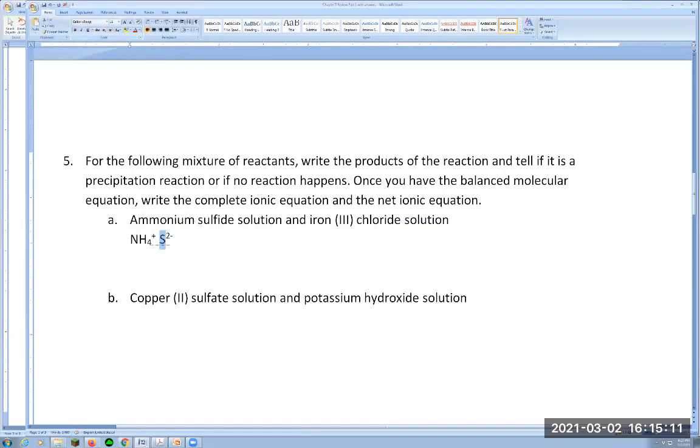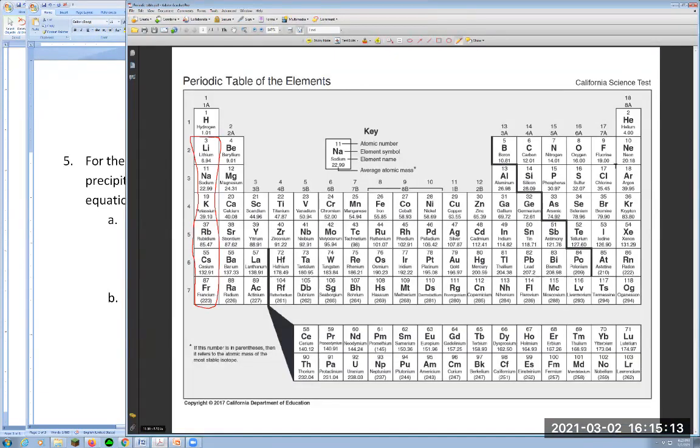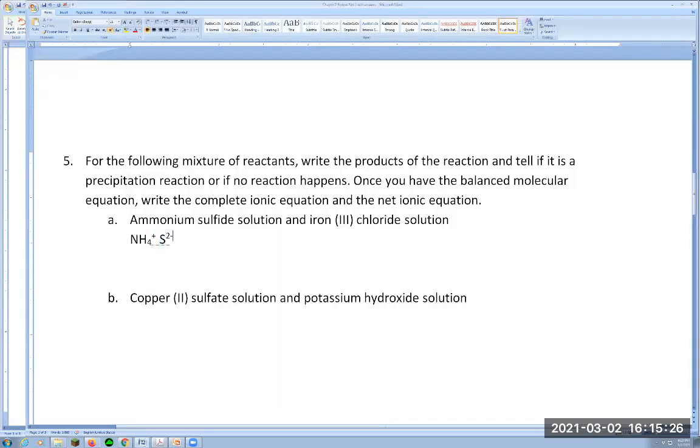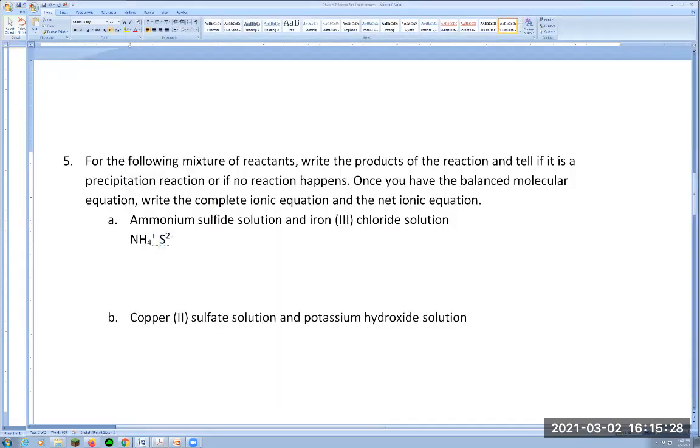Let me show you that in the periodic table. Sulfide comes from sulfur, and sulfur being in group 6A will make a 2- ion, right? It's a predictable ion. So you do the crisscross trick to obtain the formula.